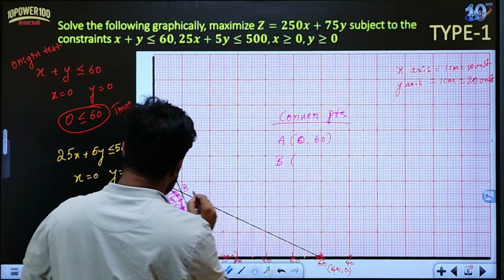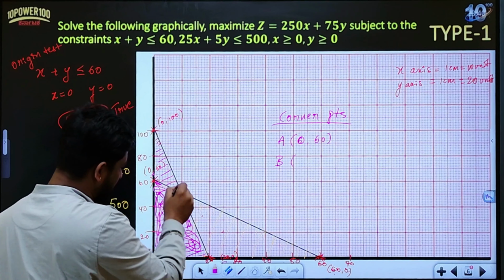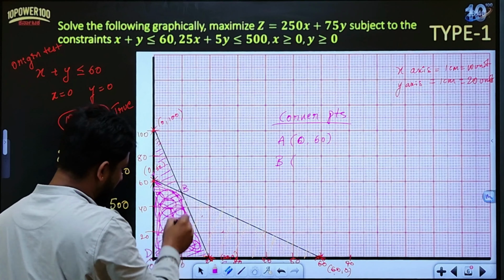Point B is this one, and in the graph itself you will get it. It is 10 comma 50. Next, point C is 20 comma 0, and point D is the origin, which is 0, 0. I hope you understood this.